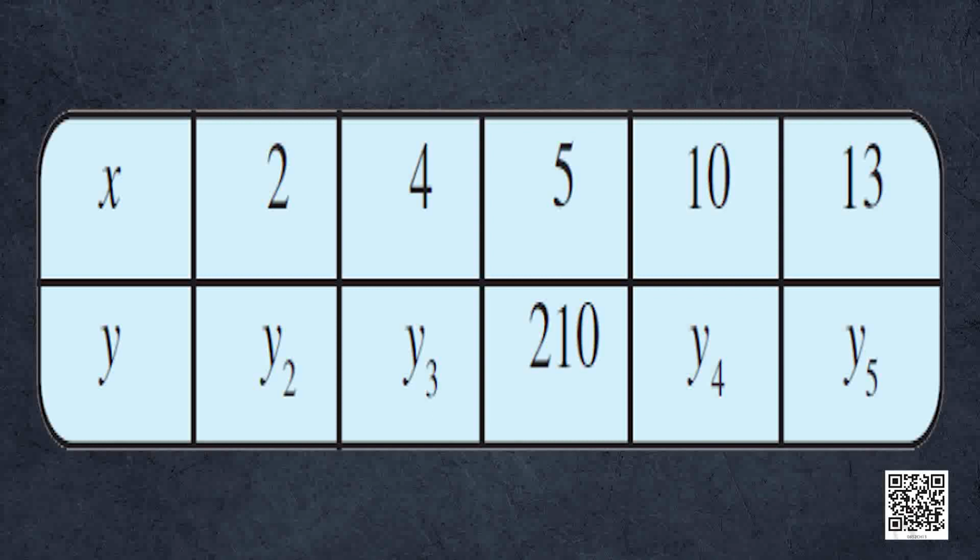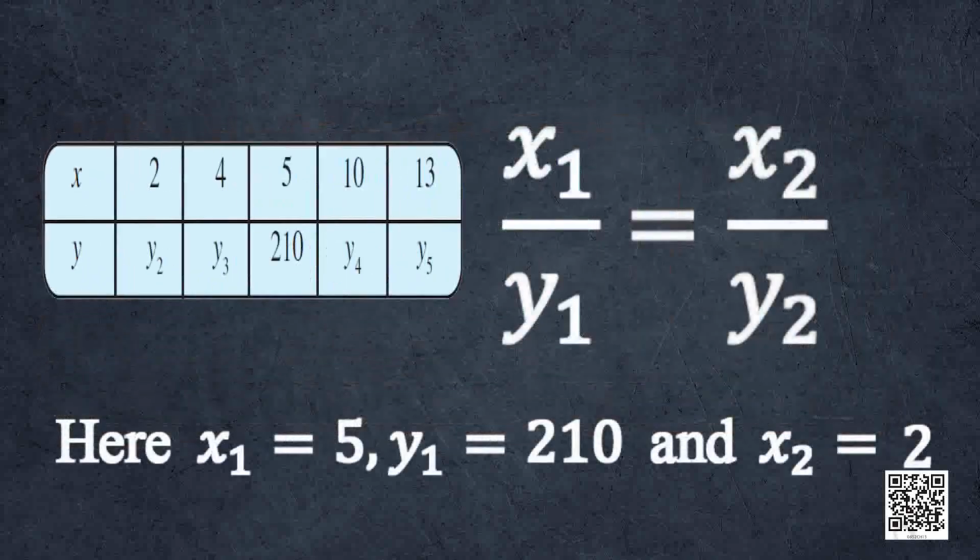Here, we can make use of the relation x1 by y1 is equal to x2 by y2 to find out the unknown values of y. In the first case, x1 is equal to 5, y1 is equal to 210 and x2 is equal to 2.